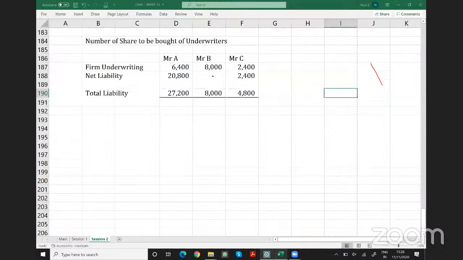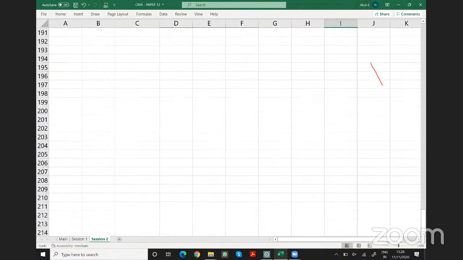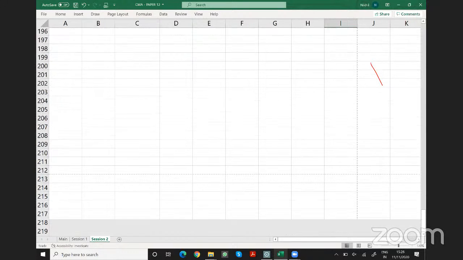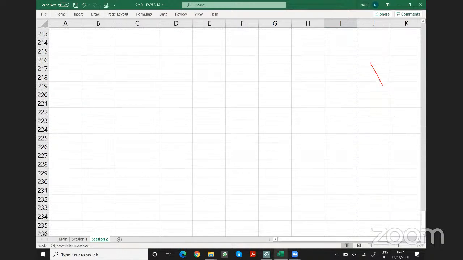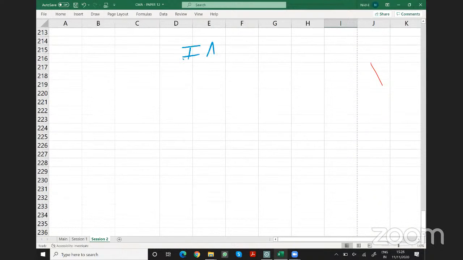So I will bifurcate the thing as well. See, after initial recognition, I should move a bit below. After initial recognition, they are bifurcated into monetary and non-monetary.